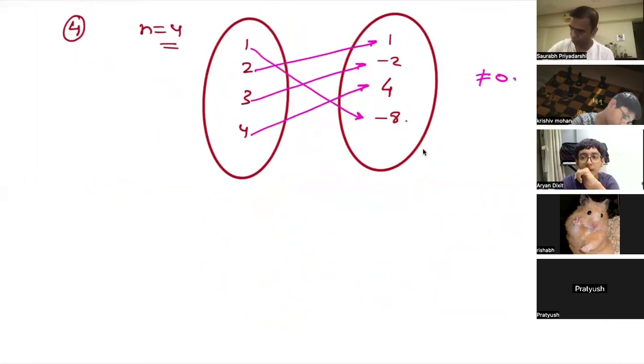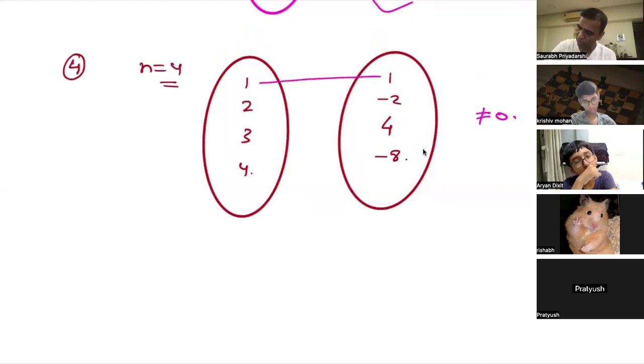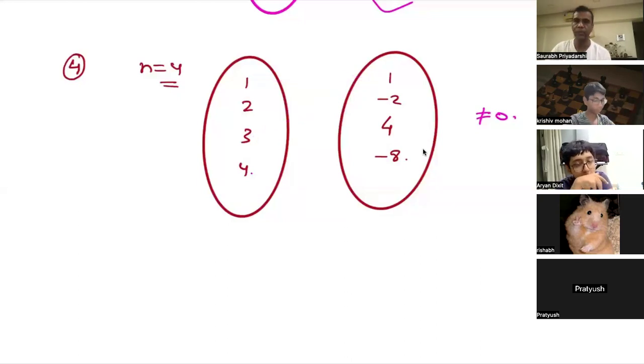So n is equal to 4, I have like two of the options I can say. First, we have already seen that 1 to 3 mapping with 1 minus 2, 4 is 0, right? So obviously some other number has to apply, right? 1 is not multiplying with 1 or 3 is not multiplying with, right? That will be wrong, right? So means 1 and 3 has to multiply with the even numbers, right? 1 and 3, like it has to go.